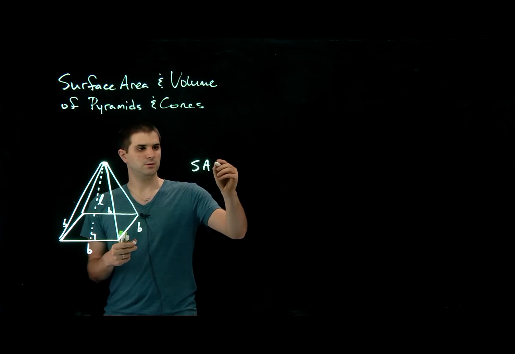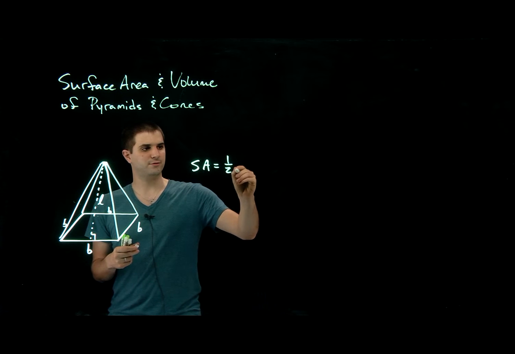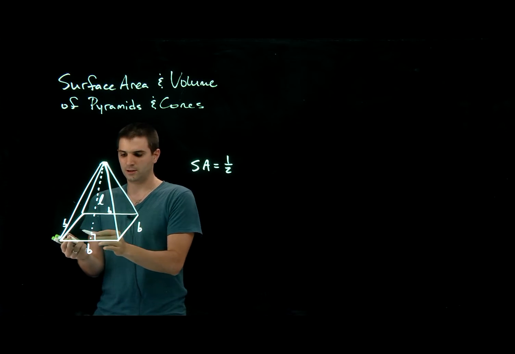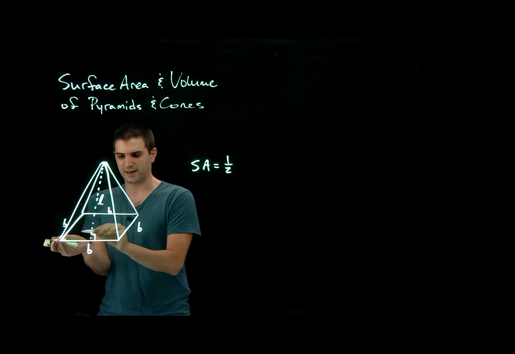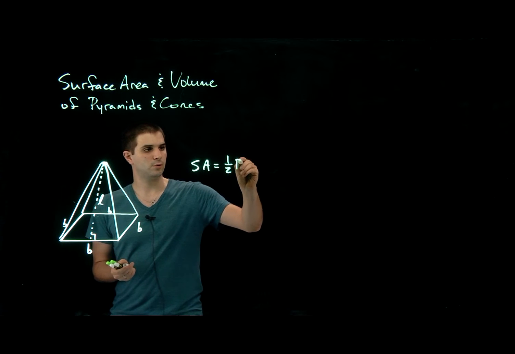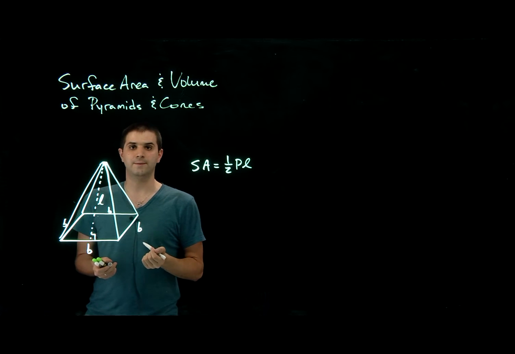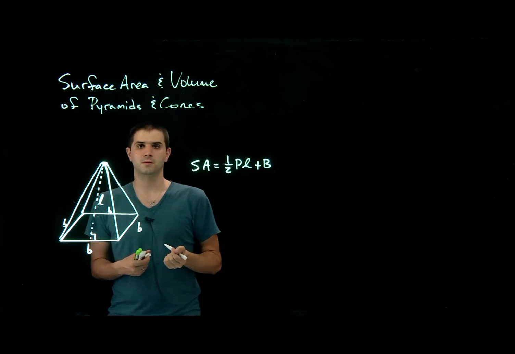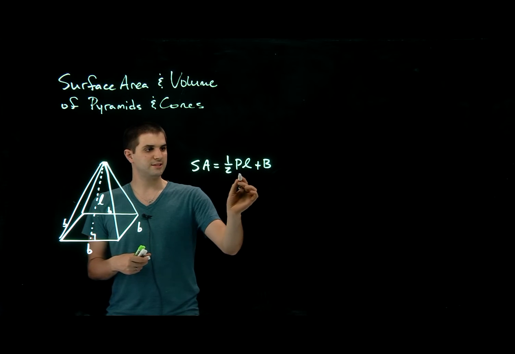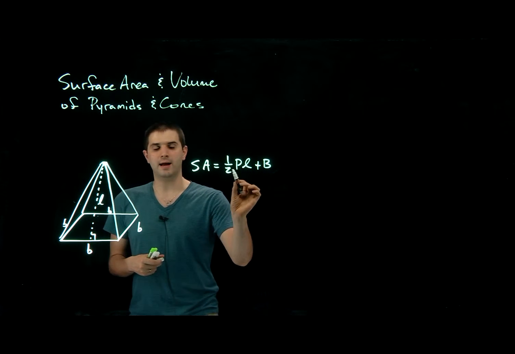So surface area is going to be 1/2. Instead of base times height, we're going to do 4 triangles. The base of 4 triangles added together is the perimeter, times the slant height, plus the area of the base. This is called the lateral area.